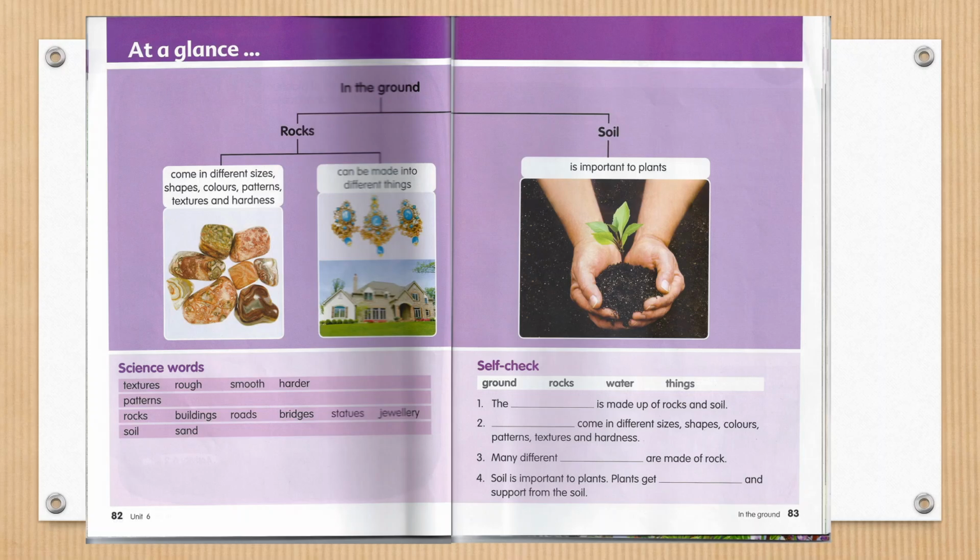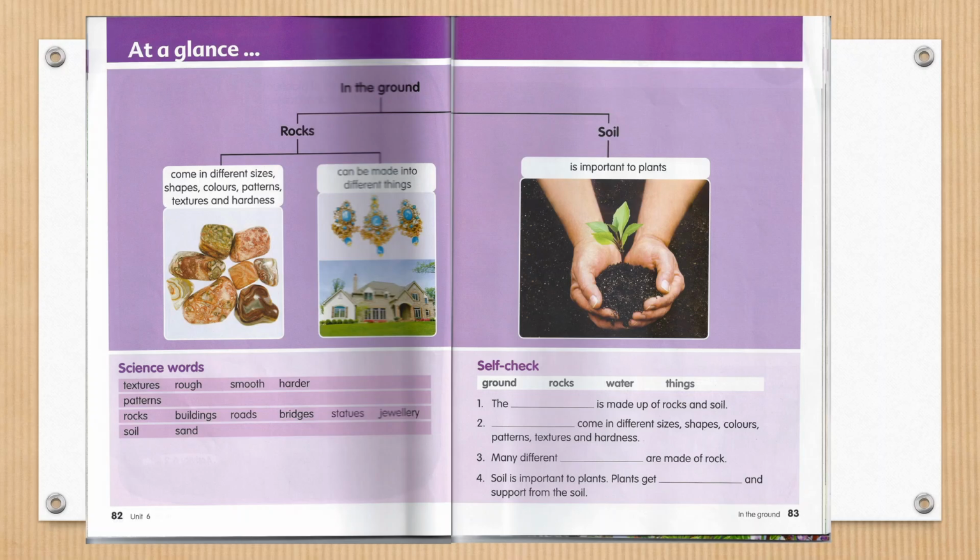In the self-check section, you have to use the words that are in the box to complete the sentences. So, number one, the ground is made up of rocks and soil. Number two, rocks come in different sizes, shapes, colors, patterns, textures, and hardness.